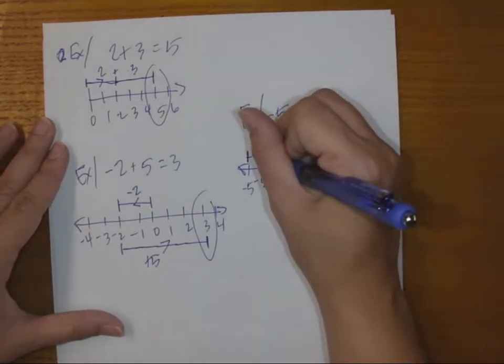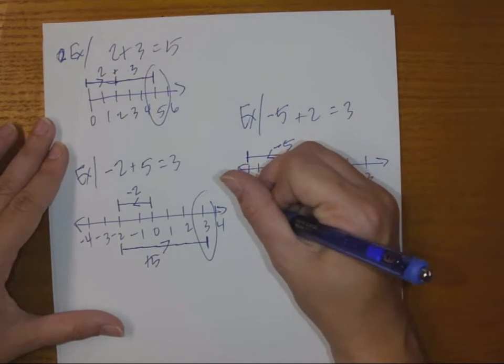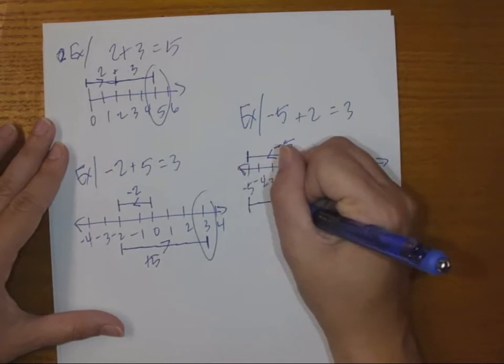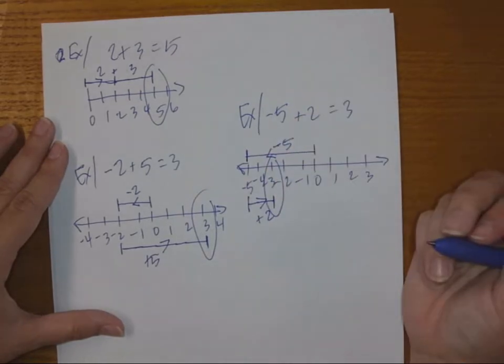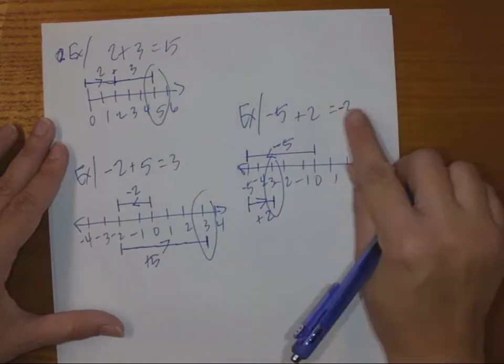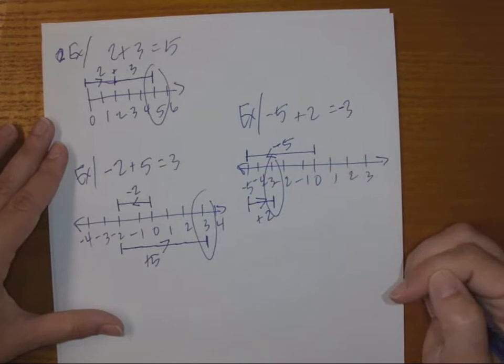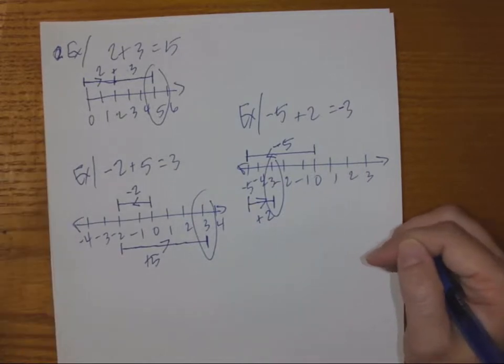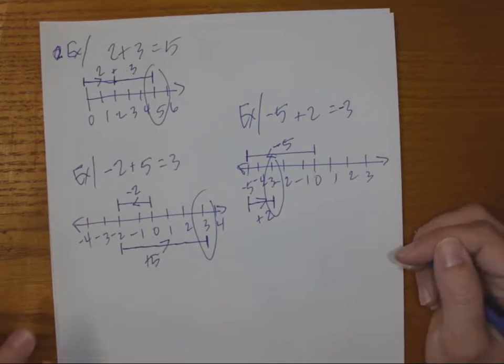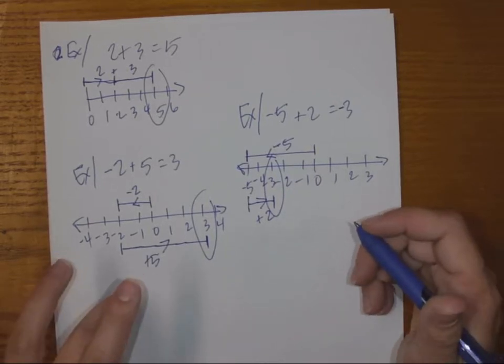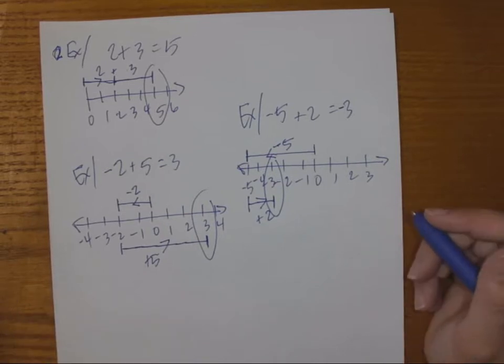And then I want to add 2 to it. So from negative 5, I'm going to go to the right 1, 2. And I ended at the number negative 3. Sorry, negative 5 plus 2 is negative 3. Okay, so there's 3 ways to show addition, subtraction with positive and negative numbers: number line, using money, or using color counters.